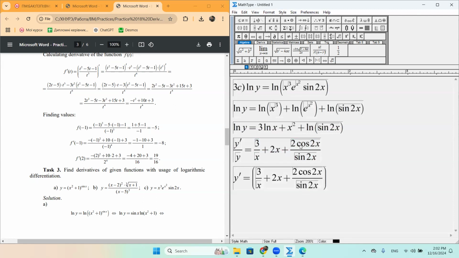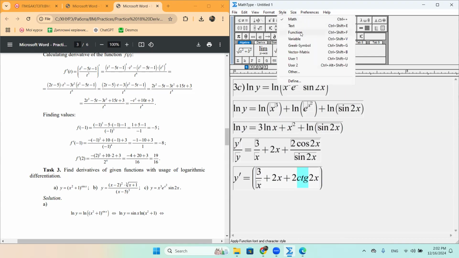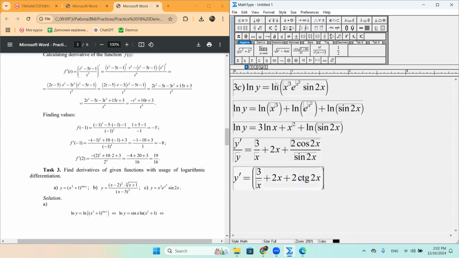By the way, cosine of 2x by sine of 2x is actually the cotangent of 2x. And multiplied by this expression.